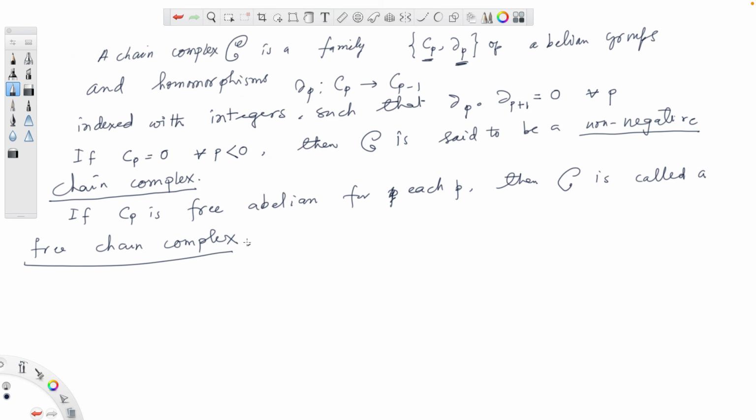In general, these abelian groups need not be free. But if these abelian groups are also free, then we call the underlying chain complex a free chain complex.